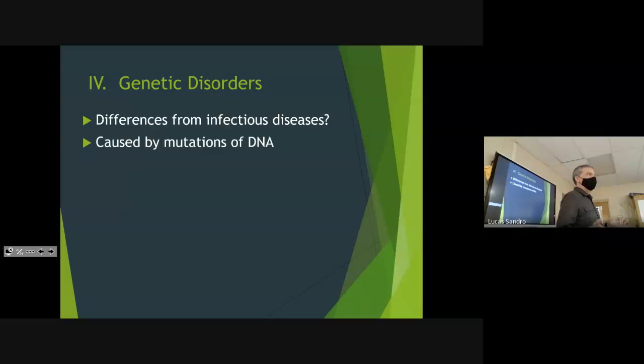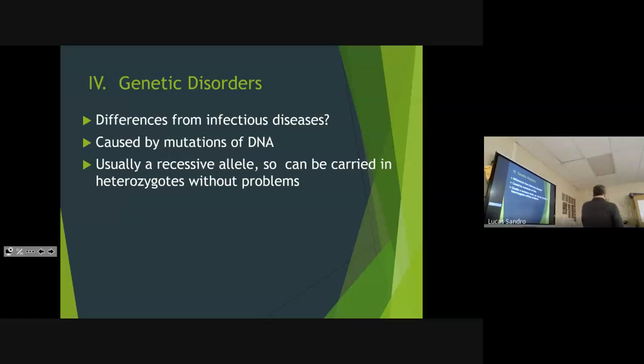Doesn't evolution, natural selection, mean that diseases like this should go away? Shouldn't they be getting weeded out of the population if they're that serious? That's a really good question. We are going to give a partial answer to that question today.